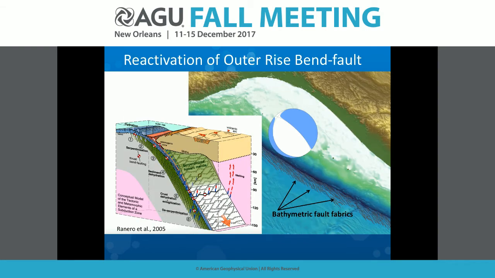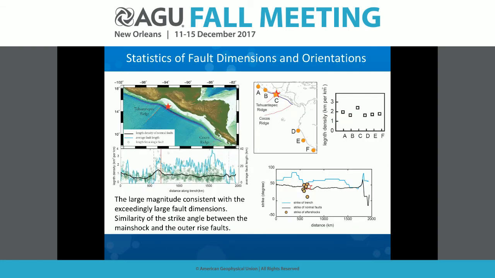And this is also what Vala mentions, that this is likely to be a reactivation of the subducted outer rise normal faulting. So we actually surveyed the areas and mapped all these bathymetry fault fabrics on the outer rise. And here, this is just the statistics of the length of the fault per unit area.